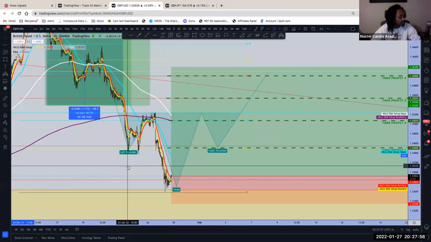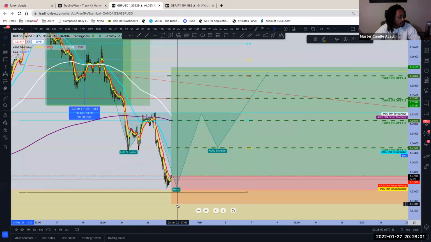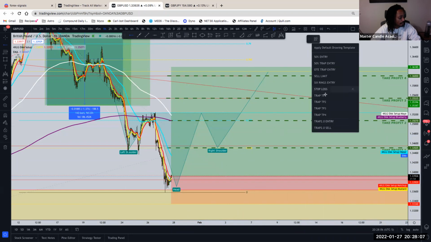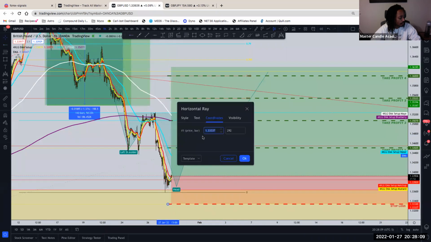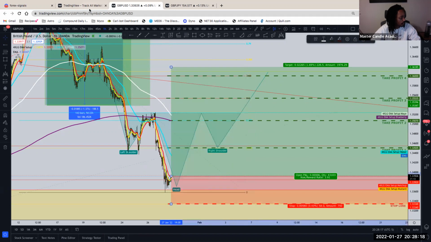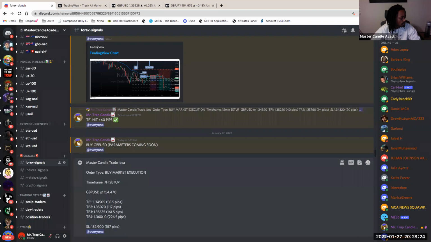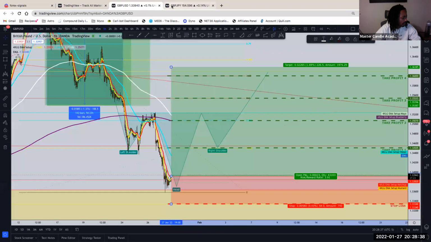Stop loss 33,340. All right. And that'll give us a 58 pip stop loss. So a legit 1-to-1 trade, like 1 to 1.1. All right, was it 58 pips? That's the power of the measured moves, y'all.